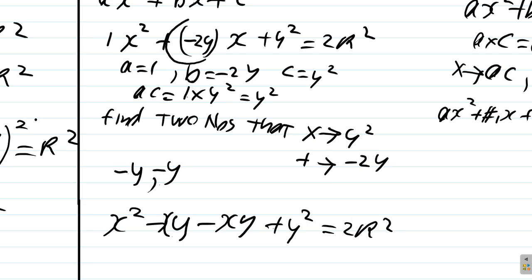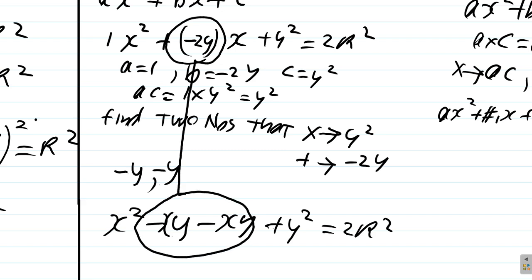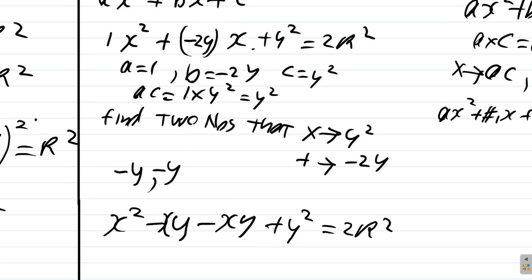Notice this negative 2y is the same thing. Because negative, hold on. What I should circle is the whole negative 2xy.